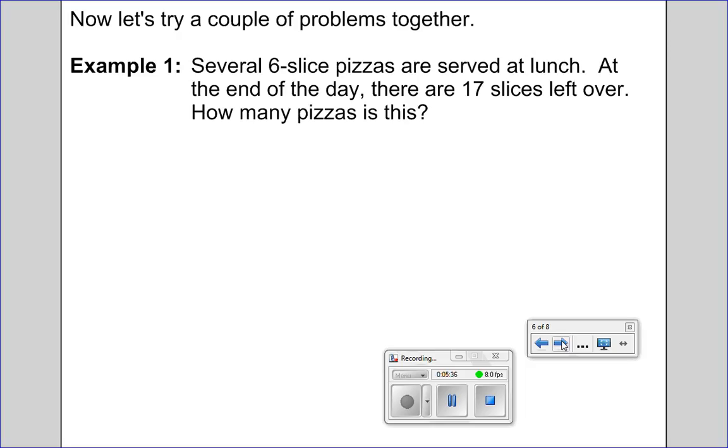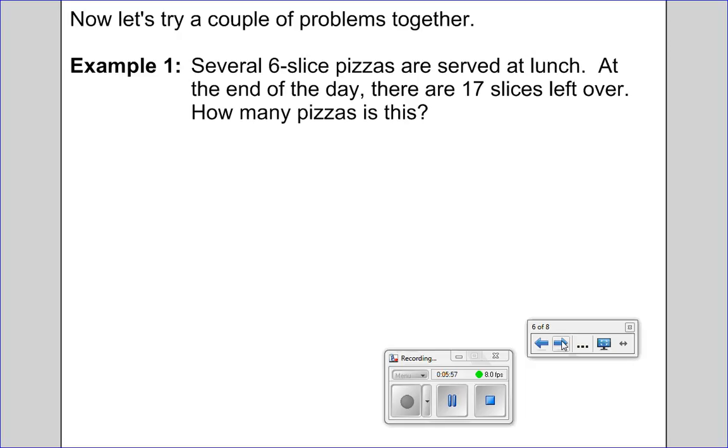All right, I'm going to give you this example to try out at home. Let me read it to you before you put the video on pause. Several 6-sliced pizzas are served at lunch. At the end of the day, there are 17 slices left over. How many pizzas is this?